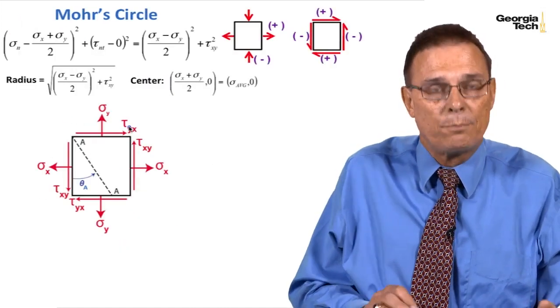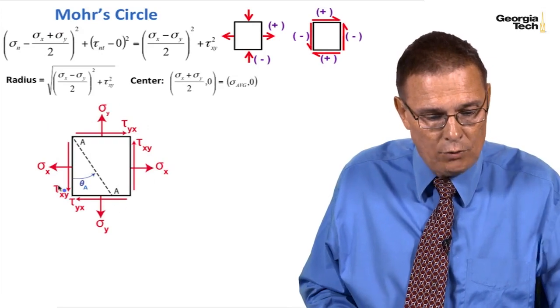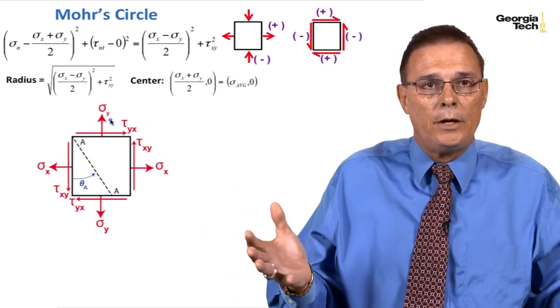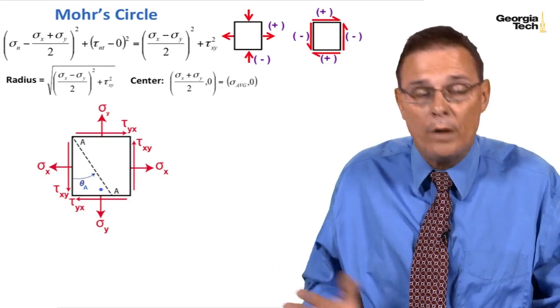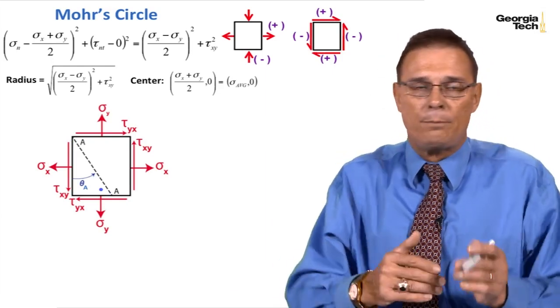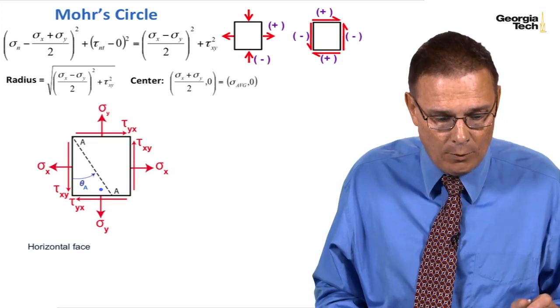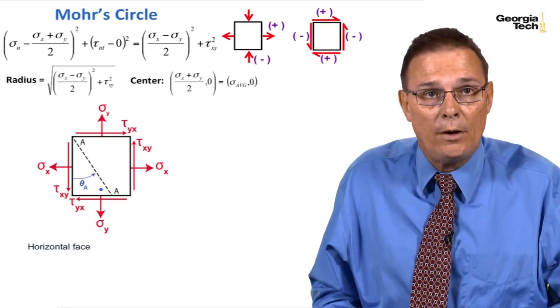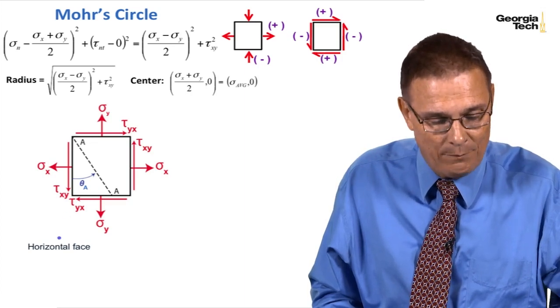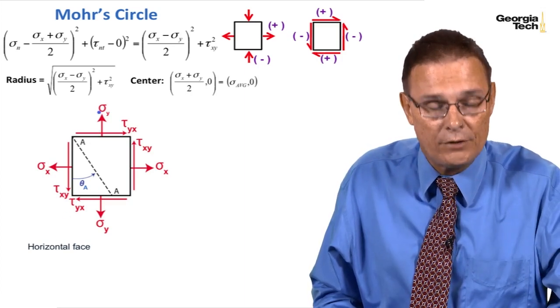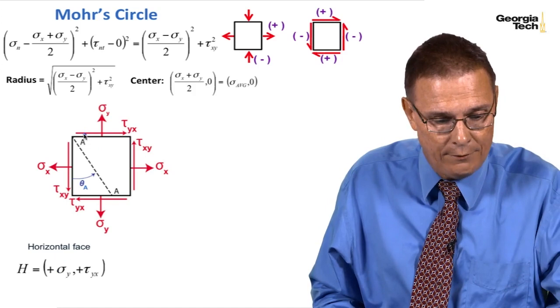So here's a stress block that shows a known stress condition from our external loading on our engineering member. And I've shown one plane AA. I can show that plane AA at any angle. By my Mohr circle sign convention, on the horizontal face here, we have sigma sub y in tension, so that's positive.